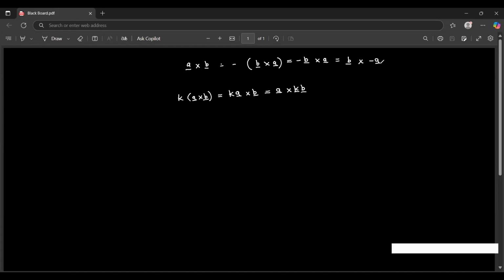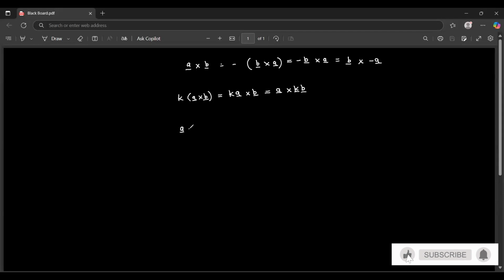A cross B is equal to minus B cross A. And since k into A cross B can be given as kA cross B, which is also equal to A cross kB, we can rewrite this as minus B cross A or B cross minus A. That's your wish.